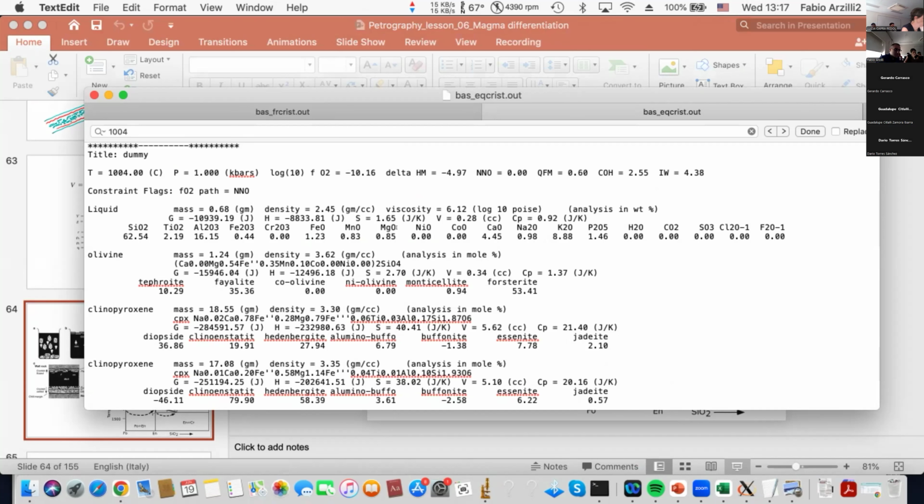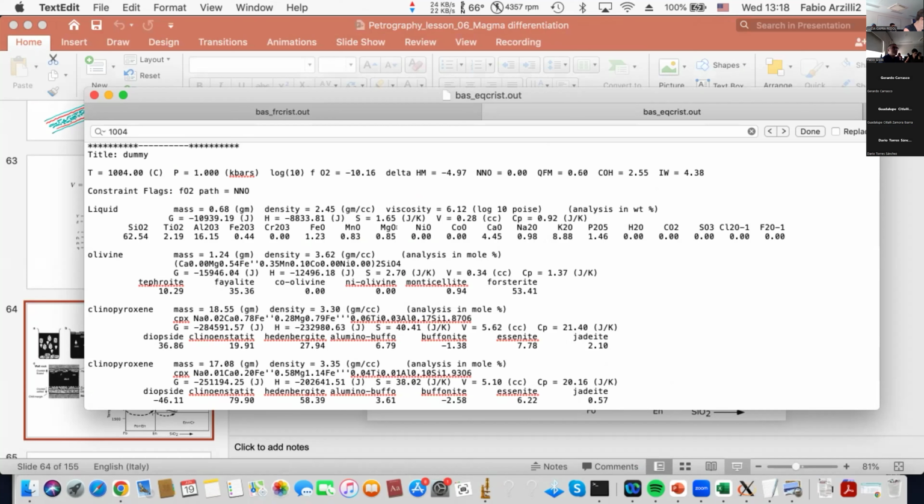In fact, MELTS is able to calculate also, with this thermodynamic data combined with the experiments, where there are experiments in basalts. There are a lot of experiments, so the results that you get are quite reliable. If you move, for instance, towards pantelleritic magmas, like alkaline rhyolites, it is much less precise.